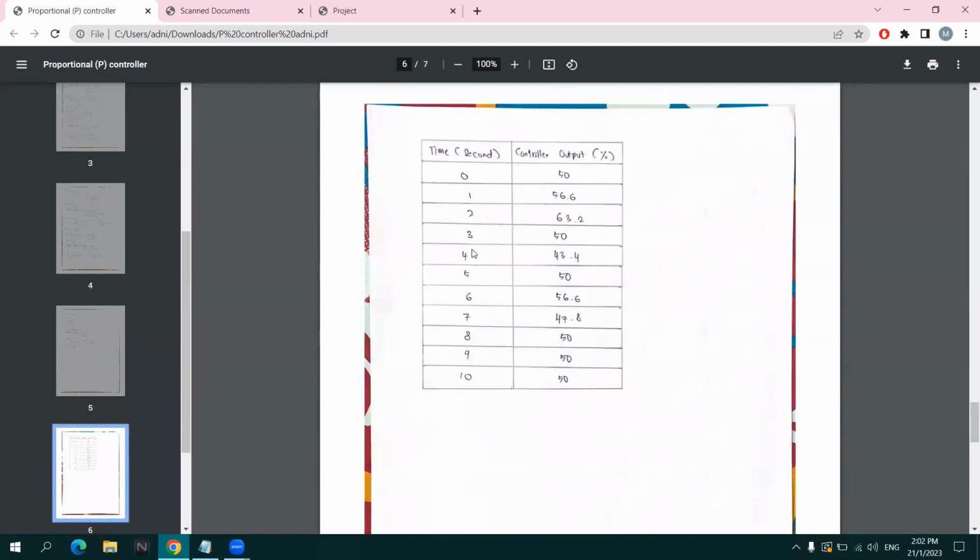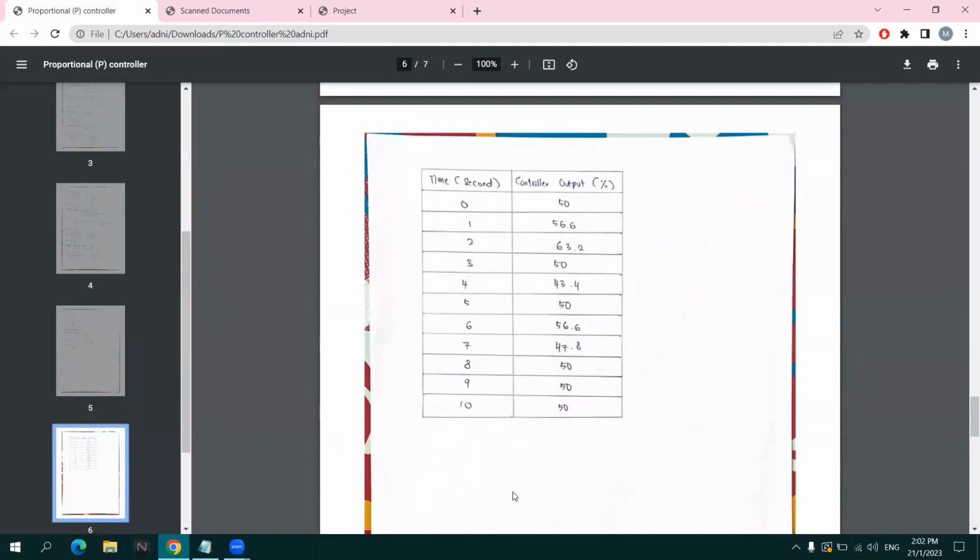So here is our result for the overall calculation, which is when time at 0, our controller output equals 50%. When time equals 1, our controller output is 56.6. And when 2 seconds, controller output 63.2%. At 3 seconds, 50%.